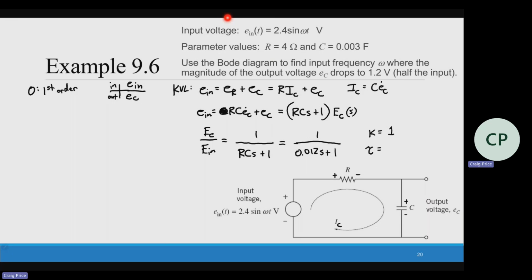So at low frequencies, the amplitude ratio is 1. But obviously, as we increase frequency, we'll see it dip down. Tau is equal to 0.012, which means that this system reaches steady state within about 0.05 seconds. That's 4 times tau.